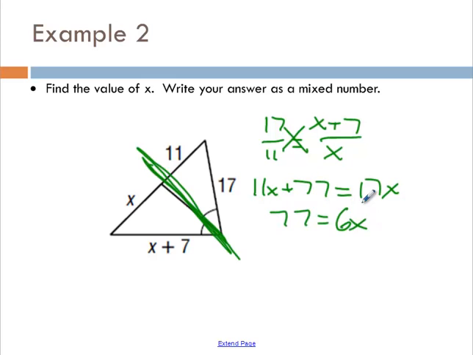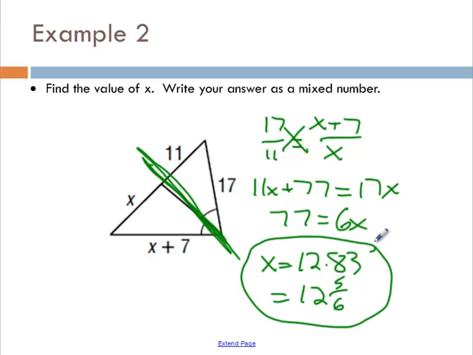When I take 77 and divide by 6, I get that x is 12.83. It says write it as a mixed number. That is 12 and 5/6. If you wrote 12.83, I'll still count it.